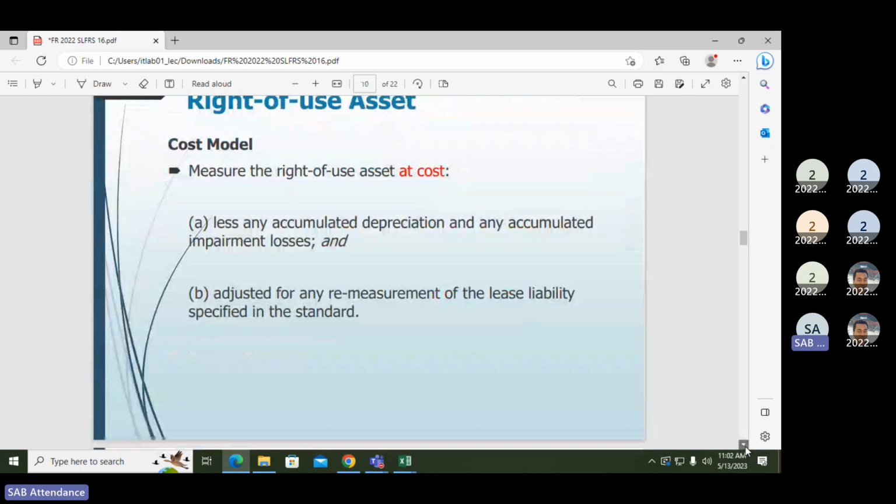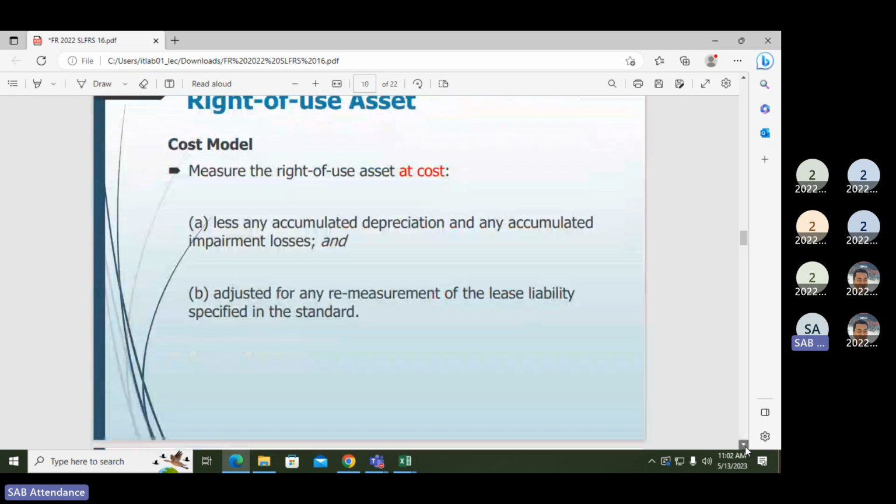In a business lease agreement, you don't find them mentioning that according to the lease agreement, risk and reward transfer to the lessee. So lease is a commercial transaction. In this commercial transaction, you may find some other conditions. Looking at those conditions, we can determine, okay, if these conditions are there, that means risk and reward transfer.